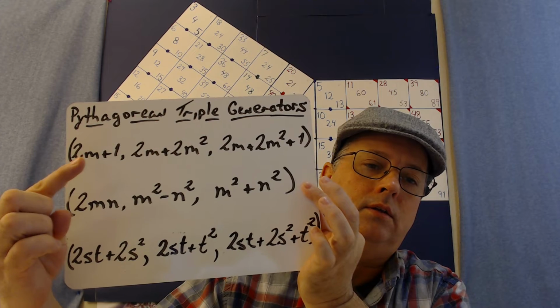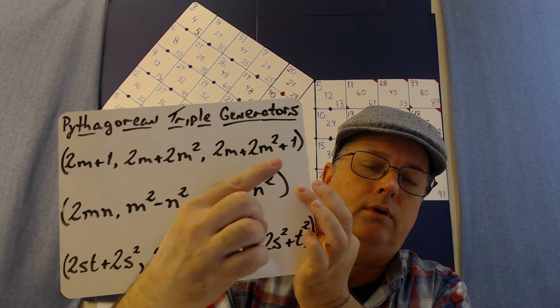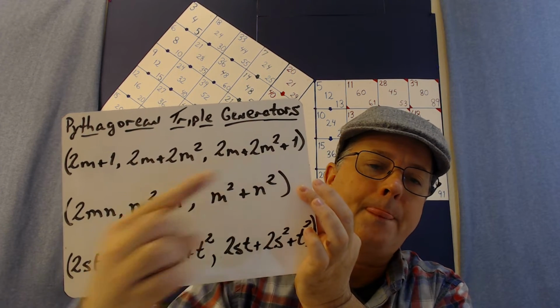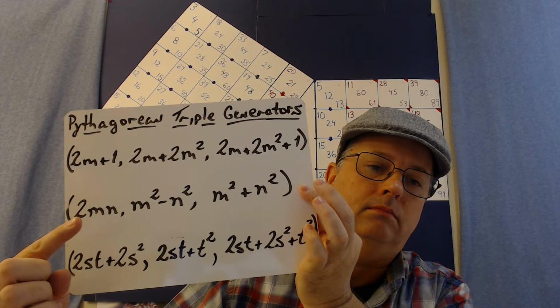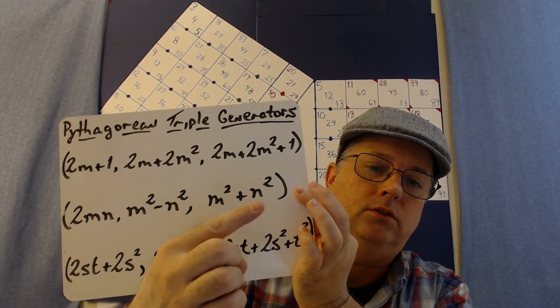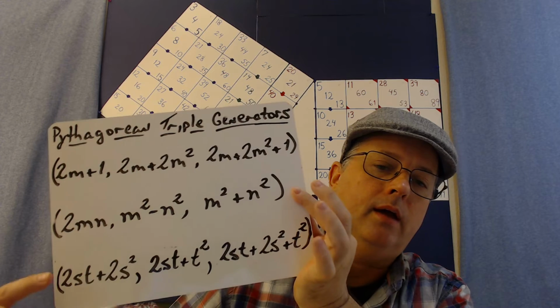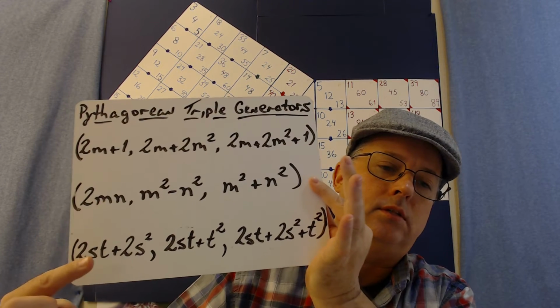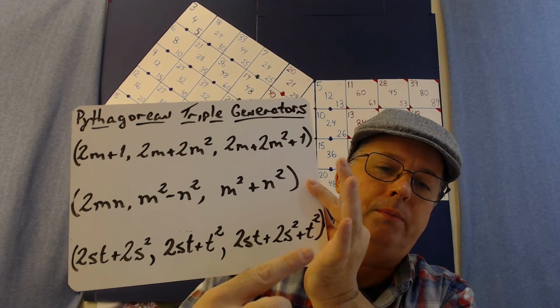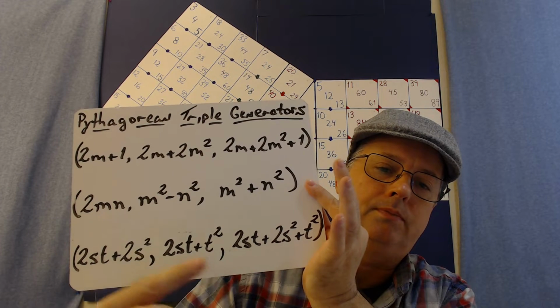And this first one we covered a few videos back. And this one we just covered. And so now we're going to look at this third formula that generates Pythagorean triples.